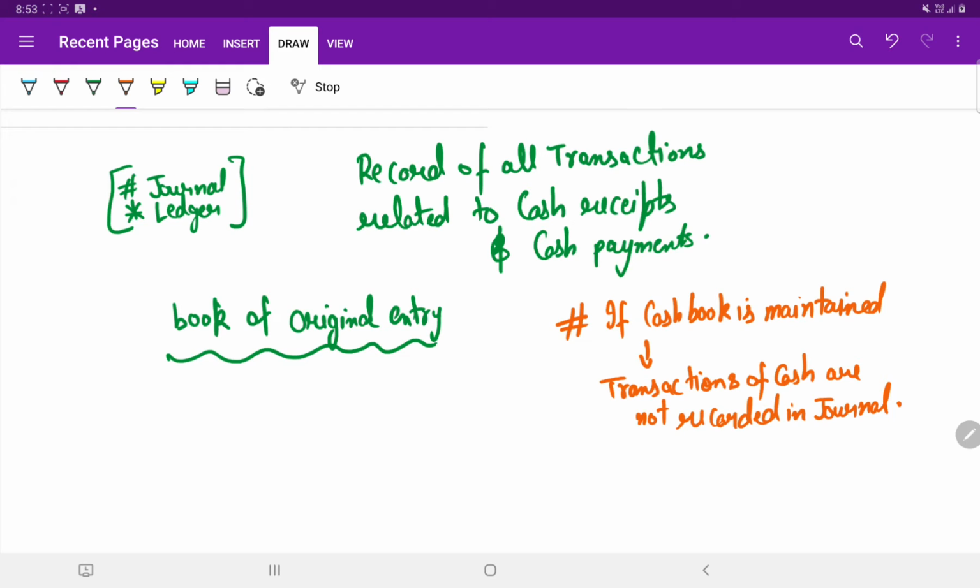In big organizations such as banks, there are separate cash books for cash receipts and cash payments. So this was regarding the big organization.